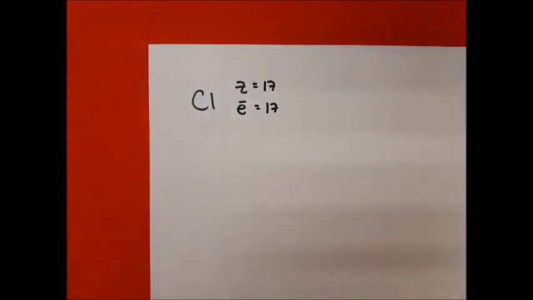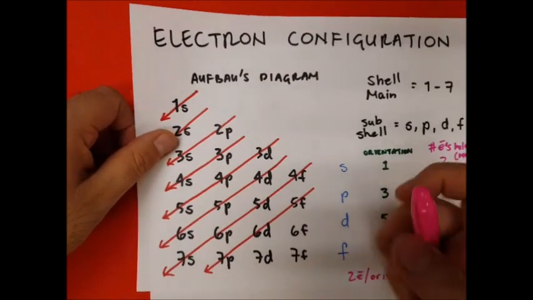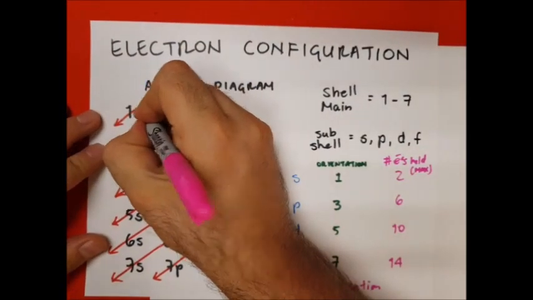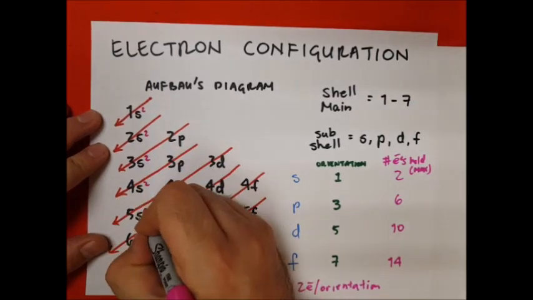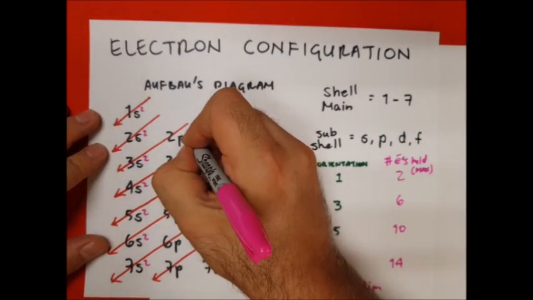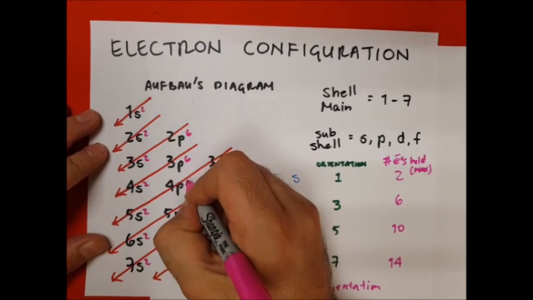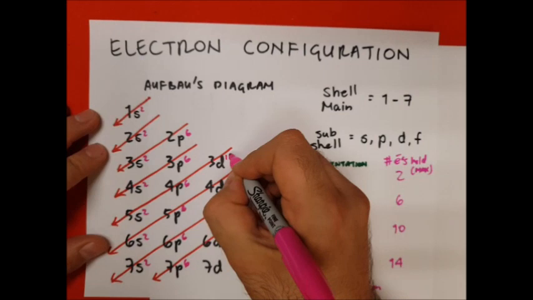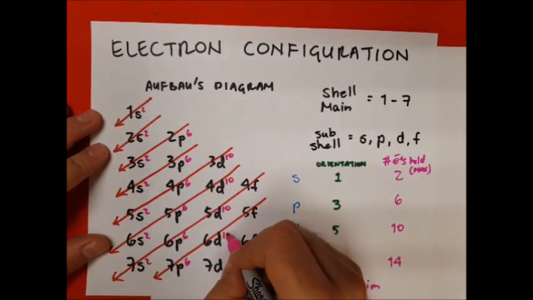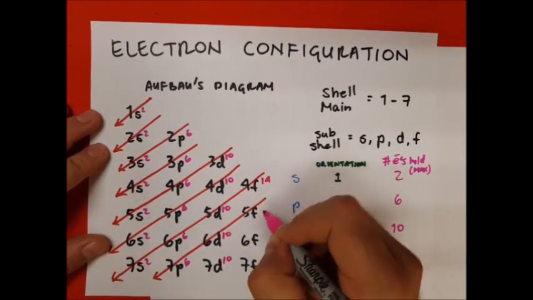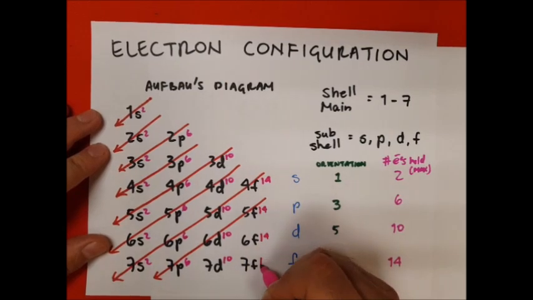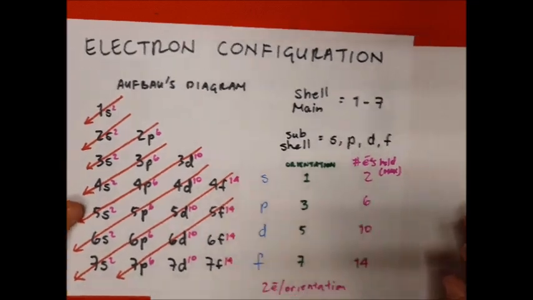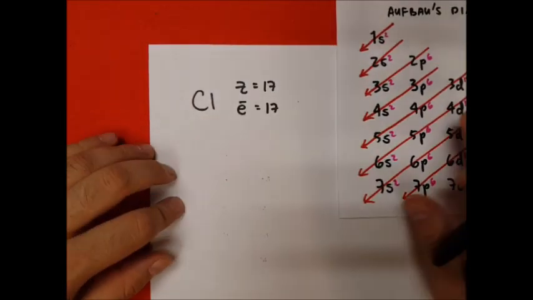I'm going to do a little cheat sheet to write the maximums, using the pink color as well that we were using, just to remember. S can hold 2 maximum. P can hold 6 maximum. D can hold 10 maximum. And F can hold 14 maximum. This is going to help us as a little cheat sheet to be able to count really quickly.